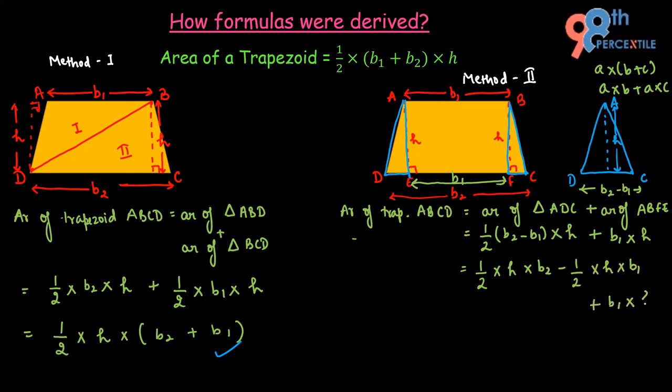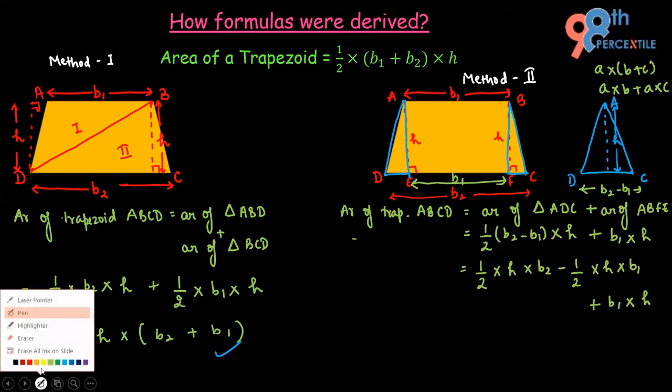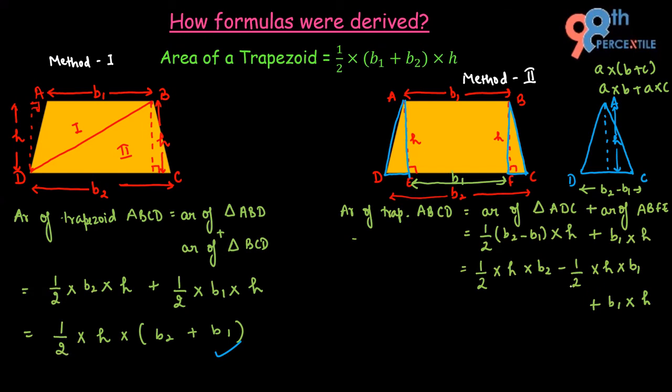B1 times height. Now if you observe carefully, we have two like terms. This is half times height times B1 and this is B1 times height. Here the variables are same, B1 and h. So these two are like terms. So you just need to subtract this from this.